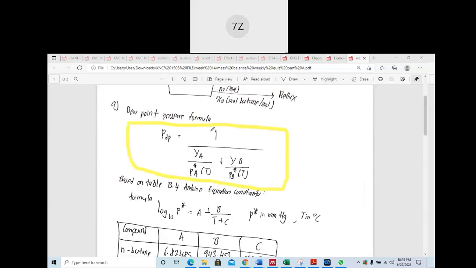So 1 over the mole fraction of A, Y composition of A over the vapor pressure of A in relation with the temperature, plus the mole fraction of B over the vapor pressure in relation with the temperature, from the question given.